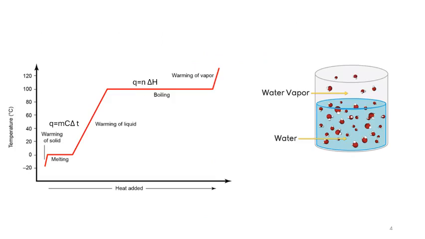Now let us see the reason for no change in temperature at the melting and boiling segments. The heat supplied is used to weaken the intermolecular forces. What is the intermolecular force you can find in water molecules? That is hydrogen bonding, right?